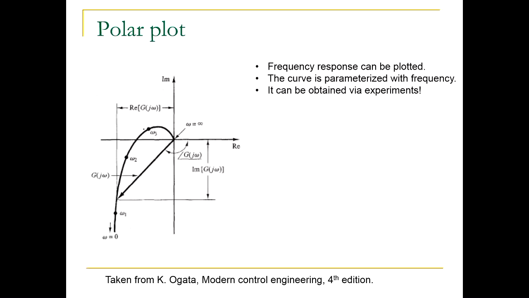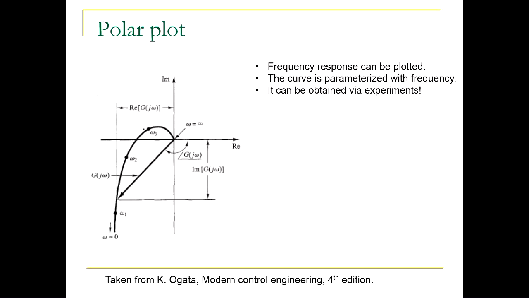But if you now change to ω2, you will have a different complex number. So G(jω2) is a different complex number. G(jω3) is a different complex number. So you can then plot how this G(jω) changes as we sweep frequency from 0 to infinity.